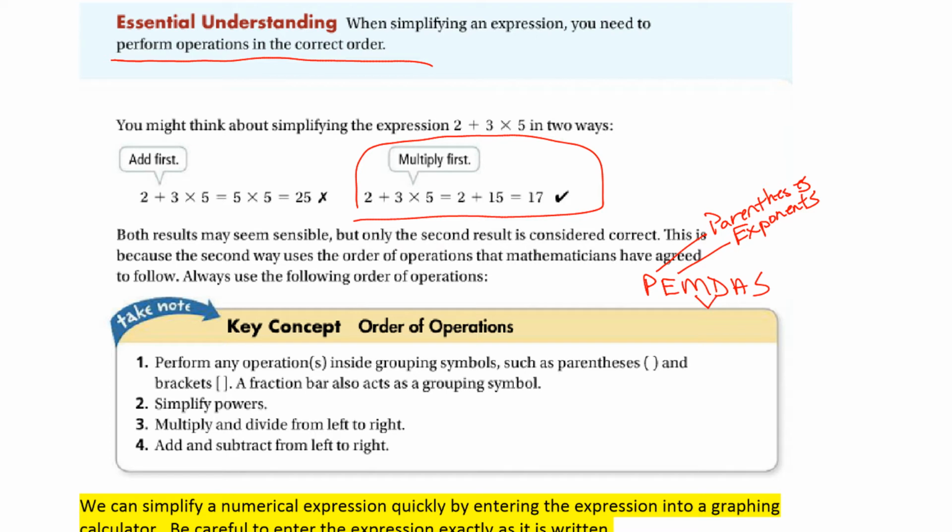The M and the D are next. That means multiply or divide in order, left to right. And then lastly, the A and the S, which stand for addition or subtraction, again in order, left to right.